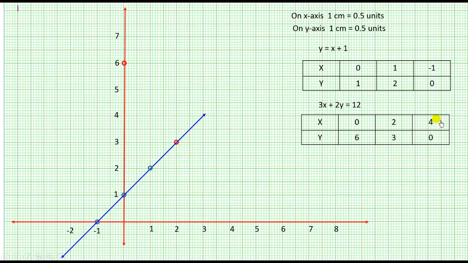The next set is 4, 0. So x is 4 and y is 0, and the point will be plotted here. Now join these 3 points.